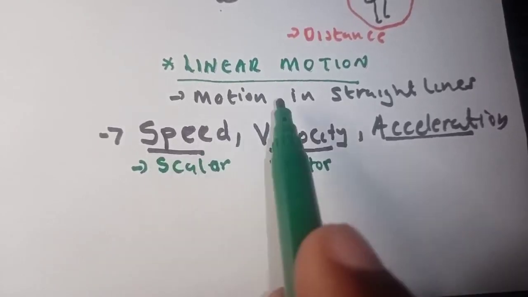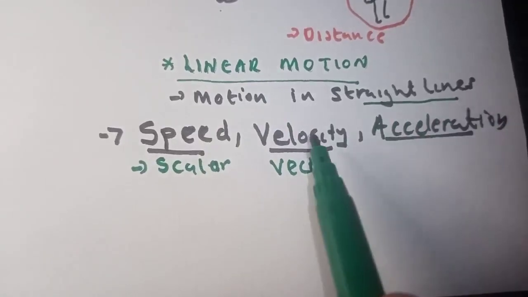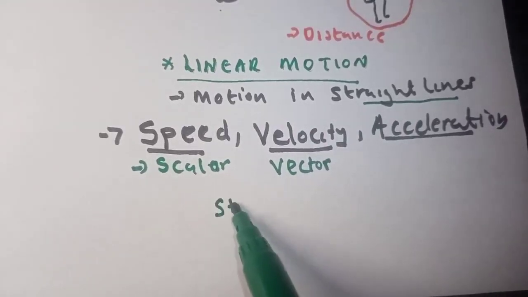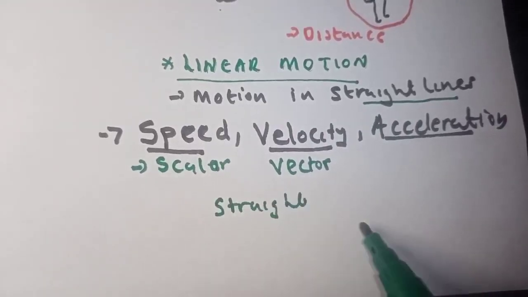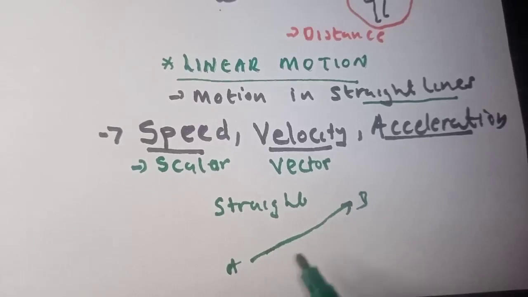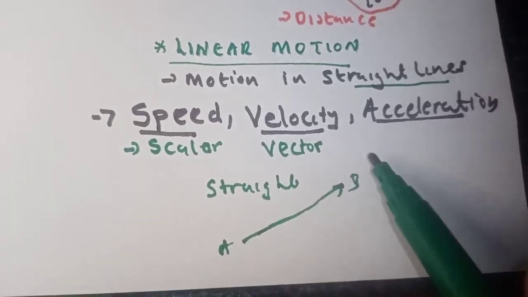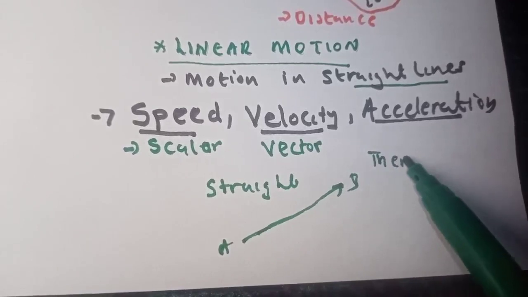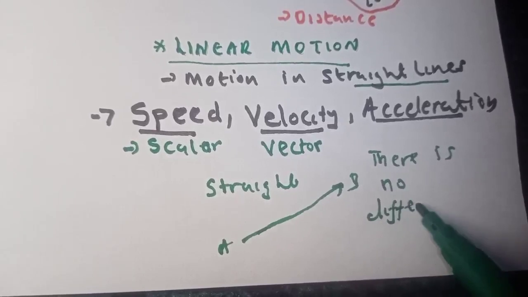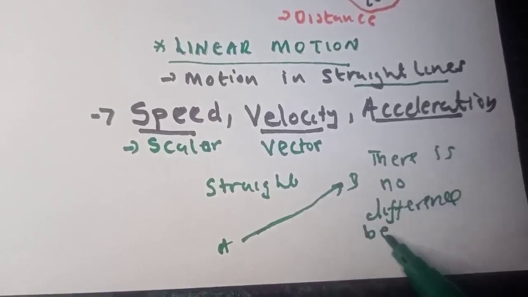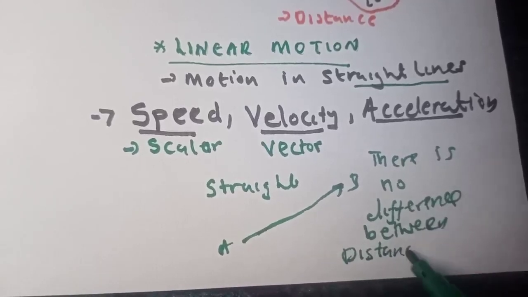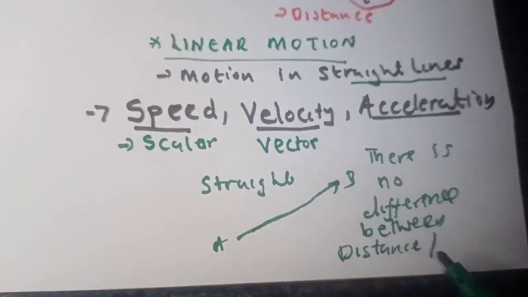Since we're looking at straight lines, if something is moving in a straight line like this, from this point to this point, there is no difference between distance and displacement.